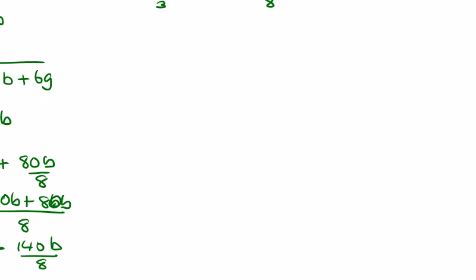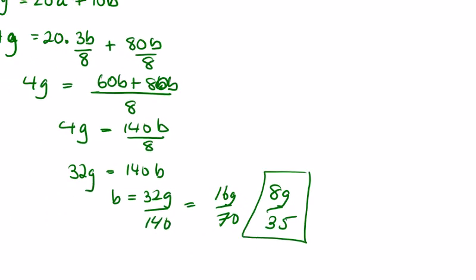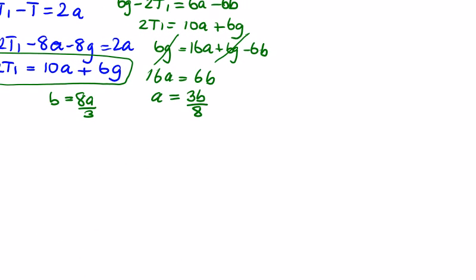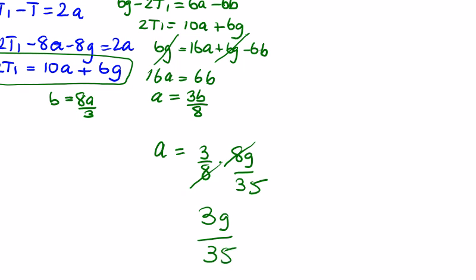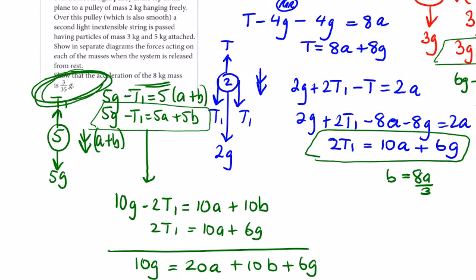So b is 8g over 35. 3 over 8 by 8g over 35 is going to give us 3g on top, 35 on the bottom, meters per second squared. And then you go back over and you hope that it was 3g over 35 that they were looking for in the question.